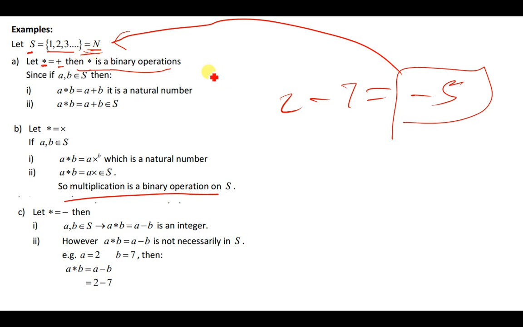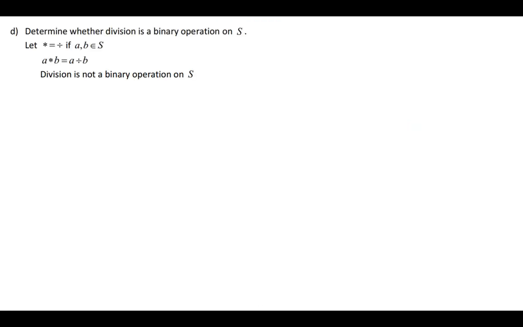So it simply means that subtraction is not a binary operation on the set of natural numbers, because there are numbers that you can subtract in a set of natural numbers and you get an answer that is an integer, which is not a natural number. So that's what it means. Hence, subtraction is not a binary operation on S. Same applies to division. Division is also not a binary operation on S.